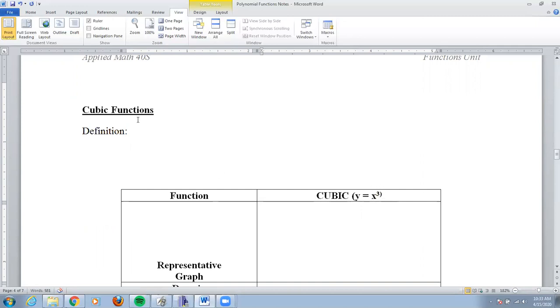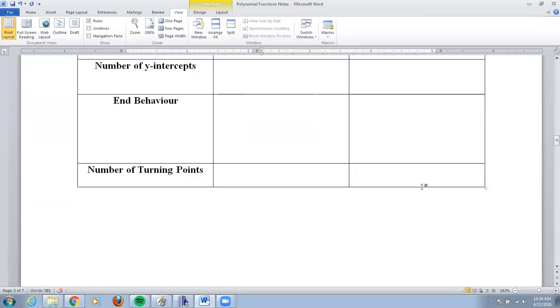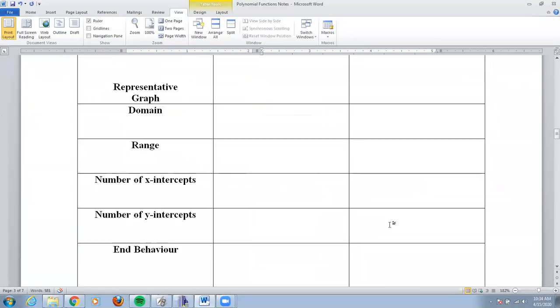Of course, these functions go beyond 3. You can have a quartic function, which is to the power of 4, to the power of 5, to the power of 6. So all kinds of different ones. But for grade 12 applied, we will be focusing on y equals x squared, and y equals x cubed.